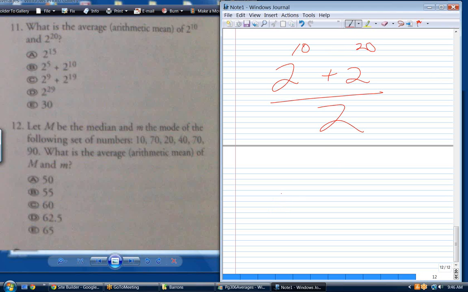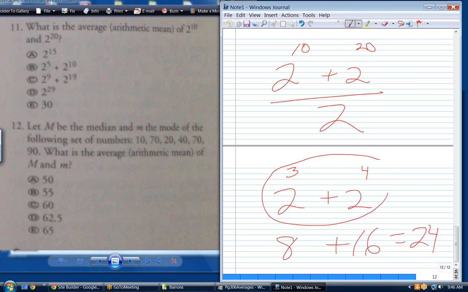Let me talk about numbers that I can get a handle on, first of all. That would be 8 plus 16, which is 24. Is there any way to do that quickly?